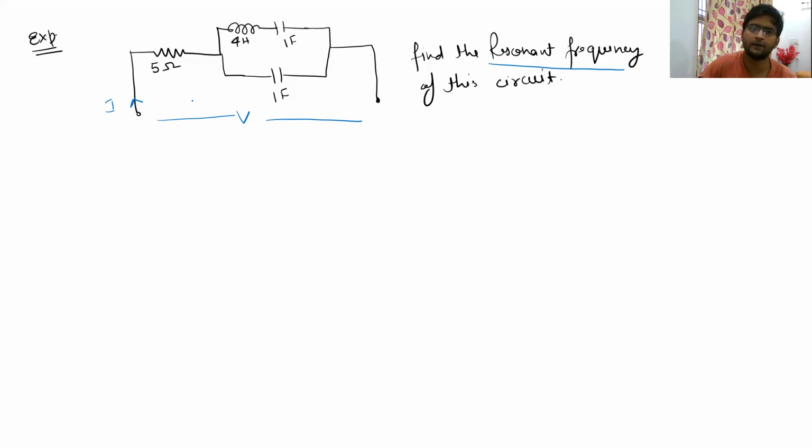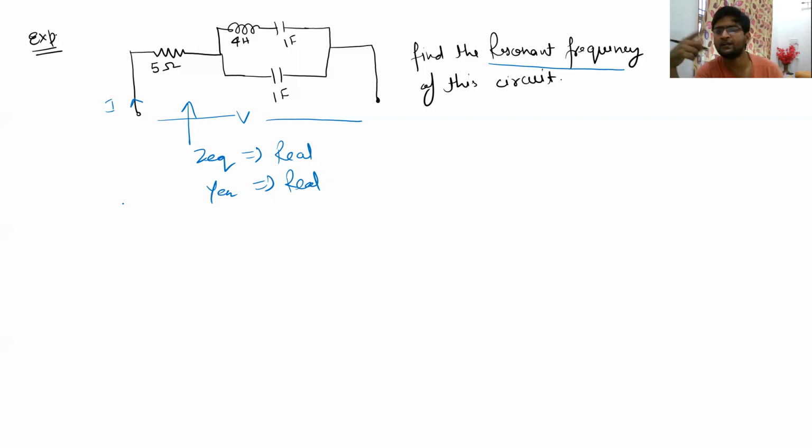And for that to happen, the input impedance Z equivalent must have only real parts. So either Z or Y equivalent, both should be completely real, right? So in this particular circuit, let us try to find the imaginary part, and if we equate it to zero, then we can find a condition to find the resonant frequency.